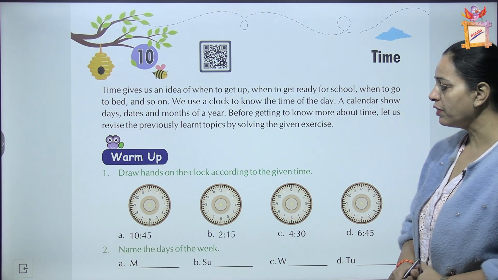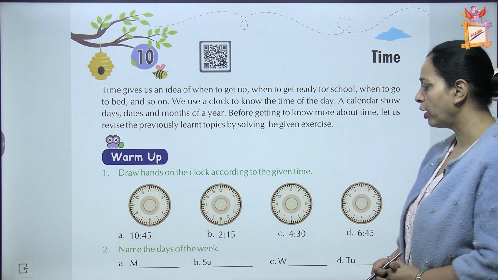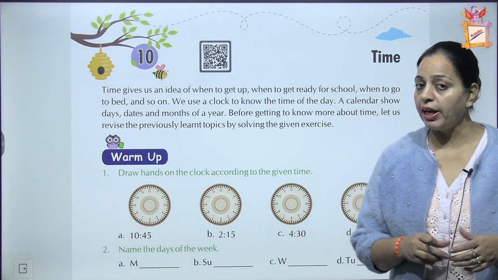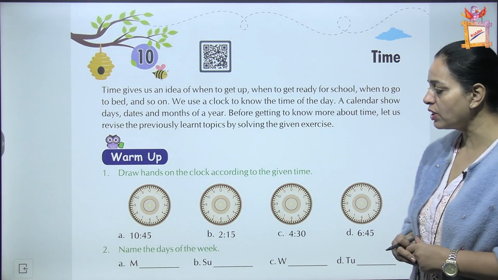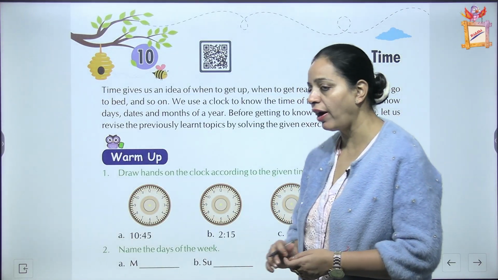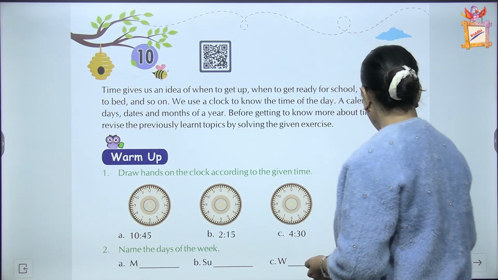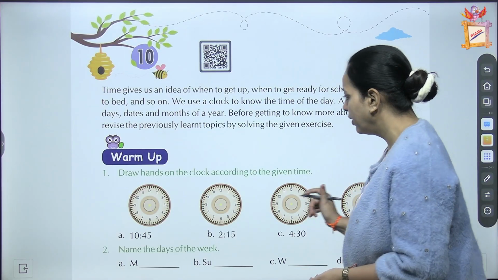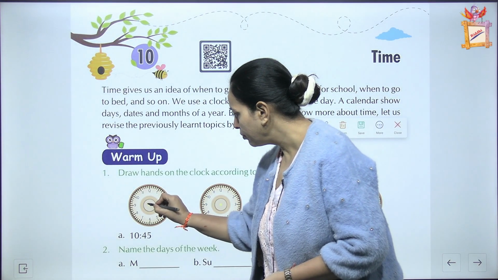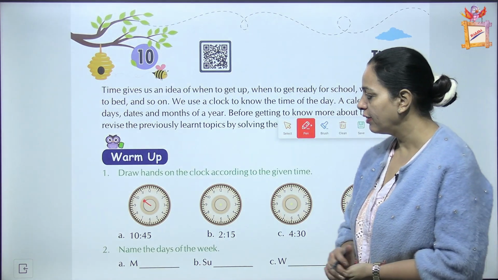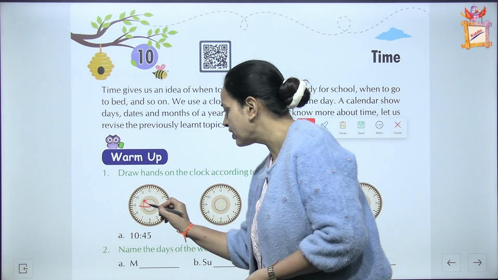So, warm up. The first one: draw hands on the clock according to the given time. Now we have the time and we have to draw the hands. See A part, 10:45. It means our hour hand is between 10 and 11, and the minute hand is at 9.